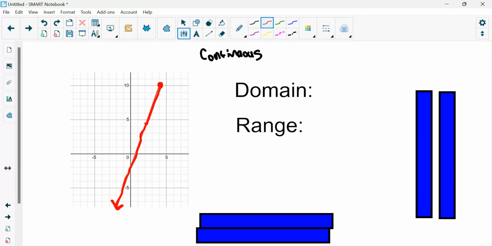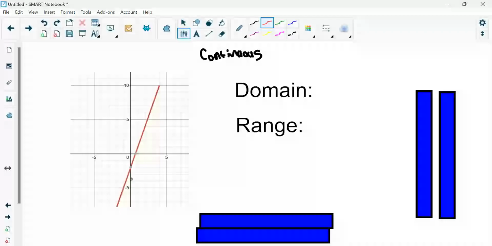The process is different because on a continuous graph, there's really an infinite number of points that I'm drawing in here that are just so close together that it looks like they're connected. But really, they're all individual points. And keep in mind, with my domain and range, I want to list every single x value and every single y value.